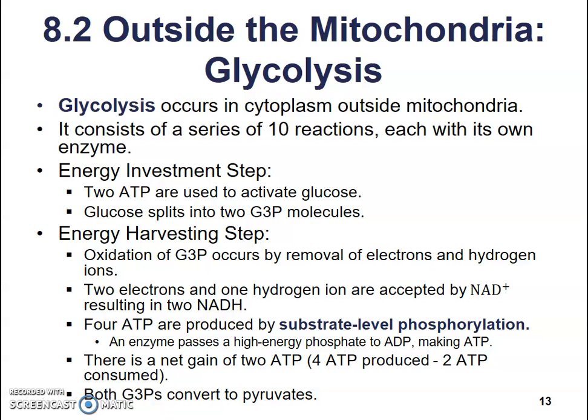Remember that unenergized one? It sticks that phosphate onto it, making ATP. So there's a net gain of 2 ATP because we started with 2 that we had to use. So that's an investment of 2. We made 4, so we have only netted 2 ATP. Both G3Ps are then converted to pyruvates. And those are the molecules that are going to go into the mitochondria.